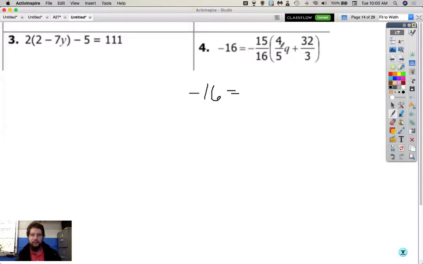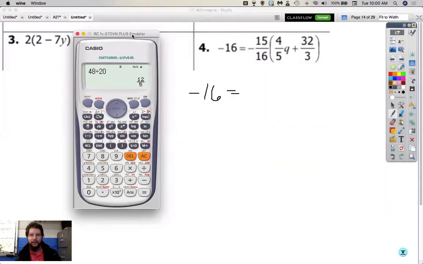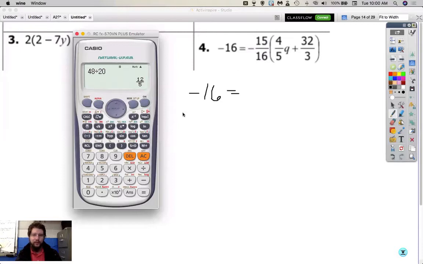All right. So let me grab my calculator here because I don't like messing with fractions. I have negative 15 sixteenths. And remember, the parentheses we're distributing, that means multiplication. So times this 4/5.